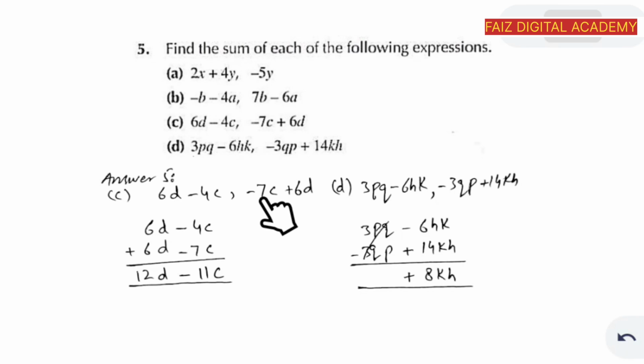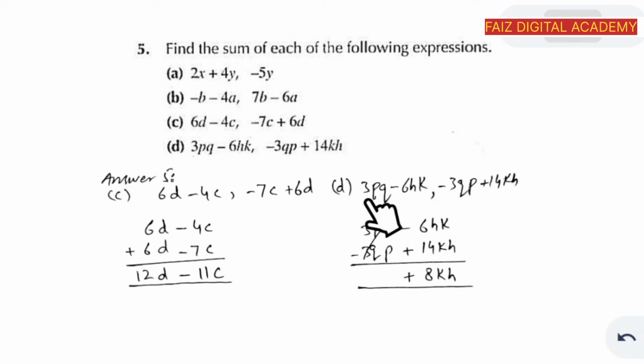For example, we cannot write 7c under 6d; we write 6d under the 6d, and then this minus 7c will come under this minus 4c. Then we add: 6 plus 6 is 12d, and minus 4 minus 7 is 11c. The bigger one was 7, which contains the minus sign, so the answer contains the minus sign.